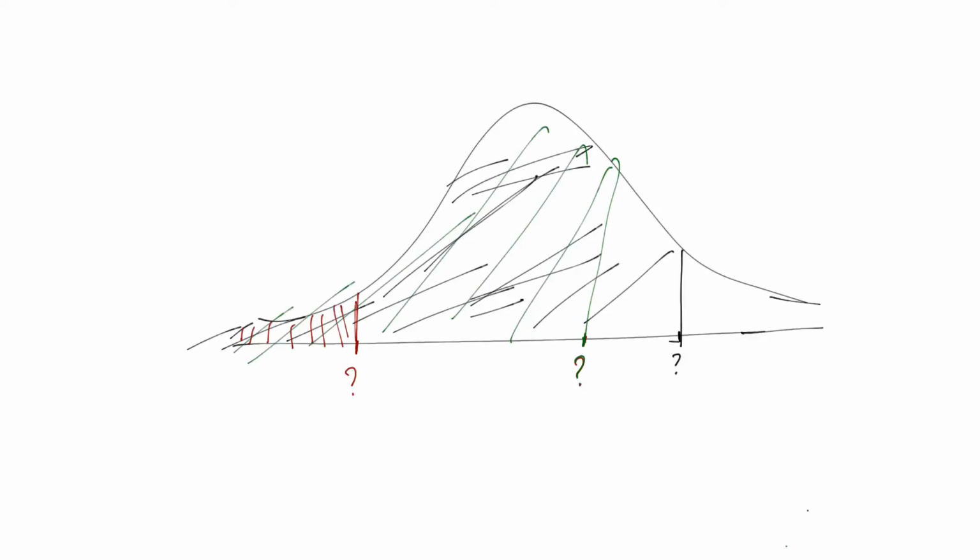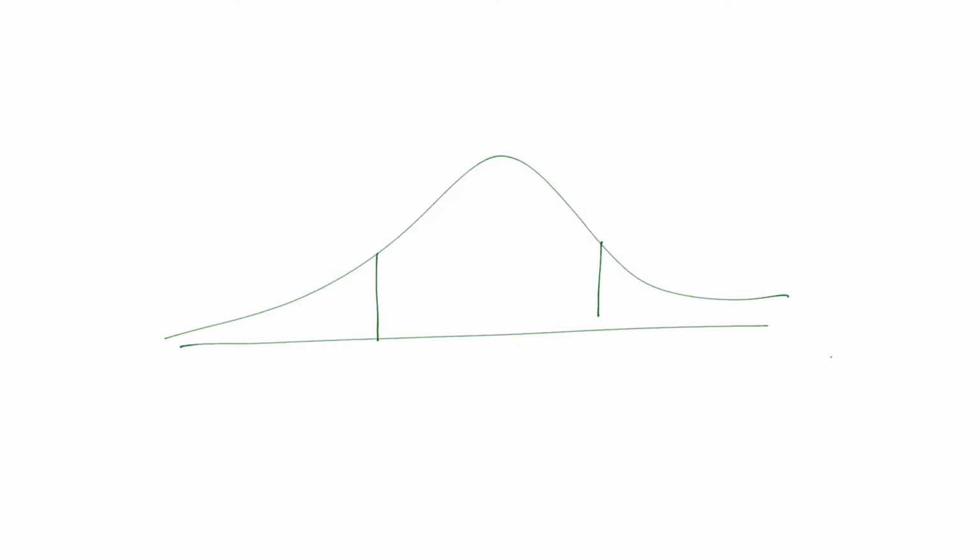So in our case, I'm interested in the middle 68%. The middle 68% is here. Let's call this the lower end, and this the upper end. If I'm looking for this endpoint, I have no right to enter 68%. I have to enter this area.